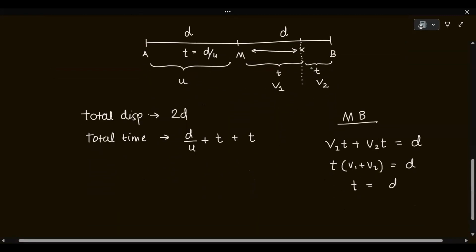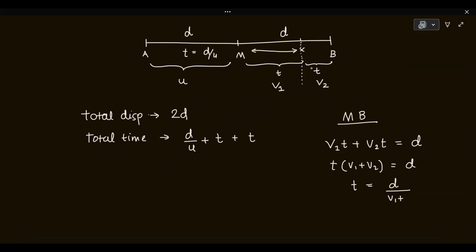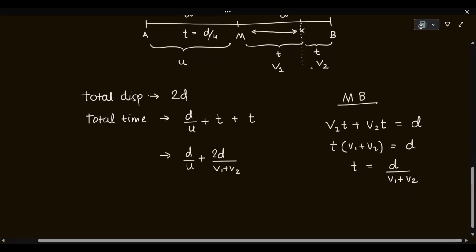Yes, we can, and that is d divided by v1 plus v2. I'm going to plug it here. So d by u plus d by v1 plus v2 plus d by v1 plus v2. So I can write this as 2 times d by v1 plus v2.